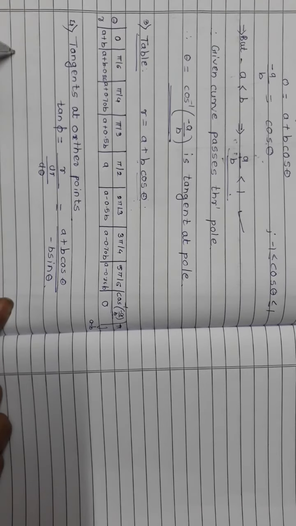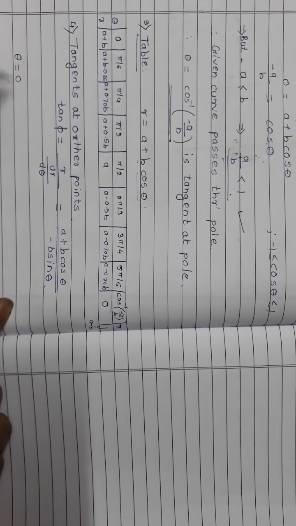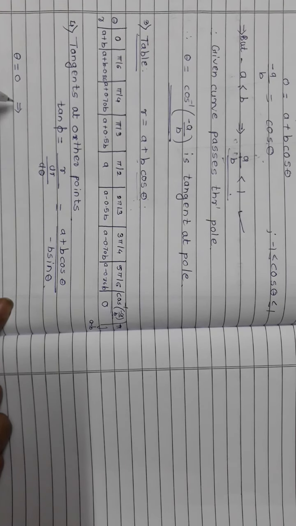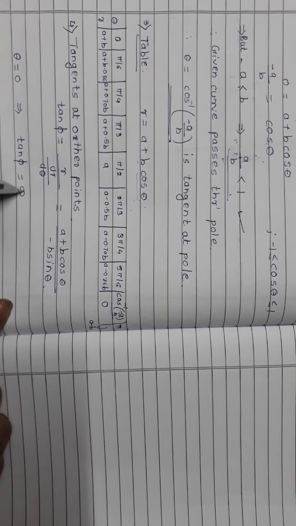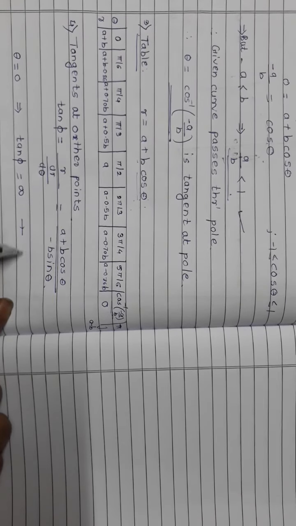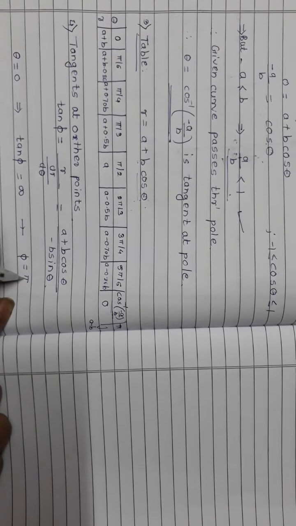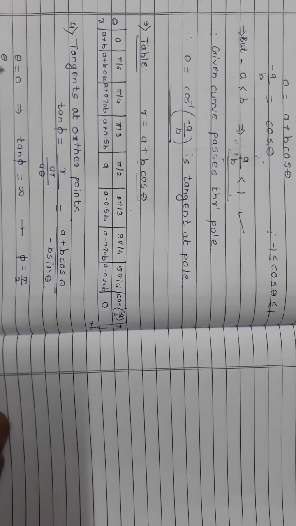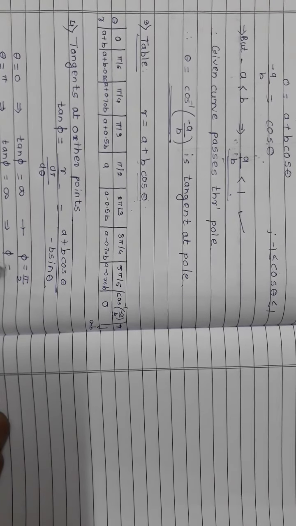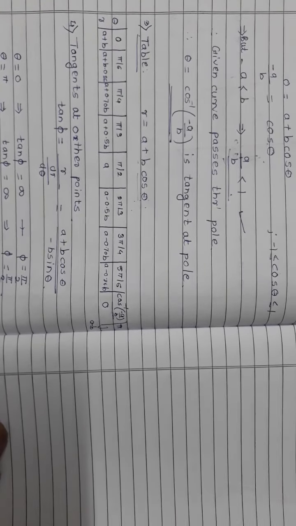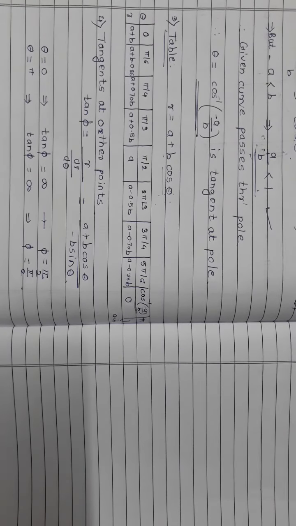Again, when you substitute theta equal to 0, you have tan phi becoming infinity, so phi will be pi by 2, same case. And when you substitute theta equal to pi, you again get tan phi infinity, so phi must be pi by 2, same case as previous, okay, there is no change.